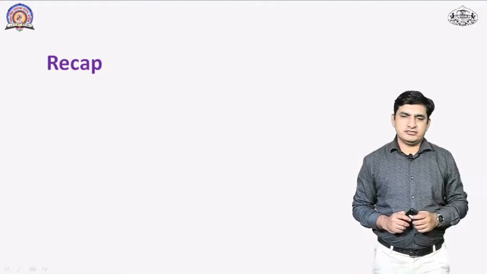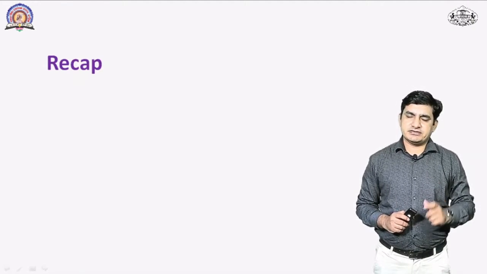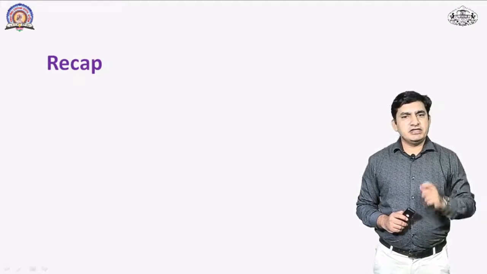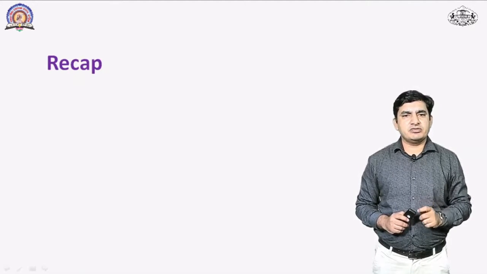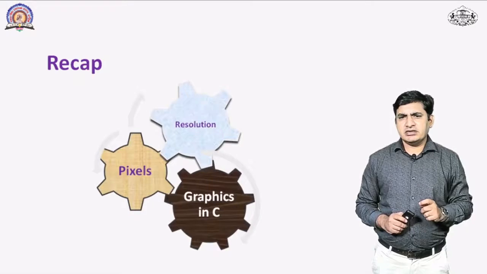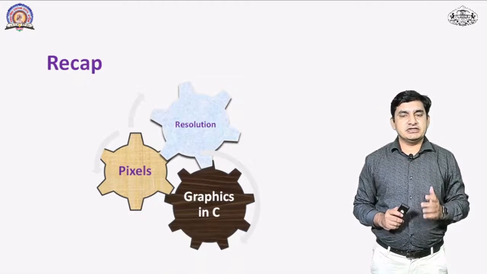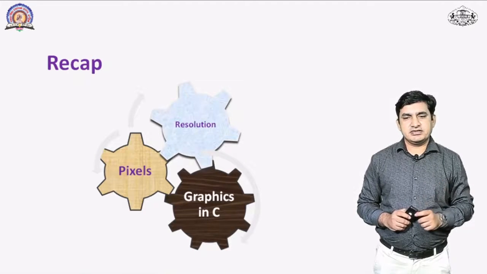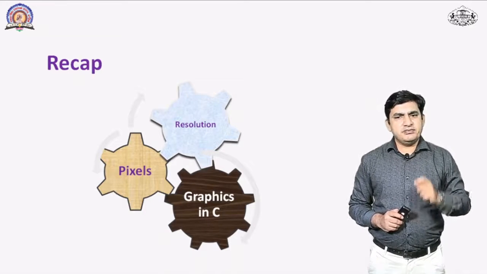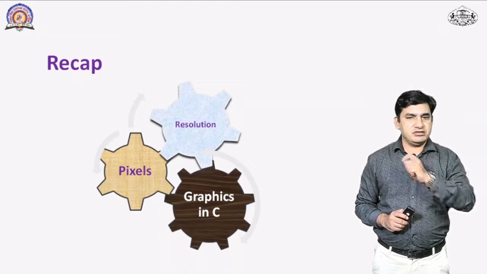Dear learner, we are discussing computer graphics. In the previous lecture, we discussed what a pixel is, what resolution is, and what graphics is in C. Friends, we know that the pixel is the smallest picture cell of a screen.